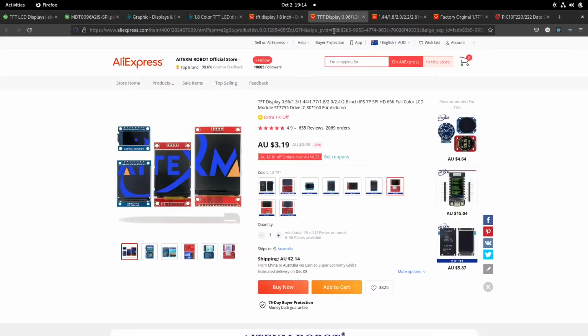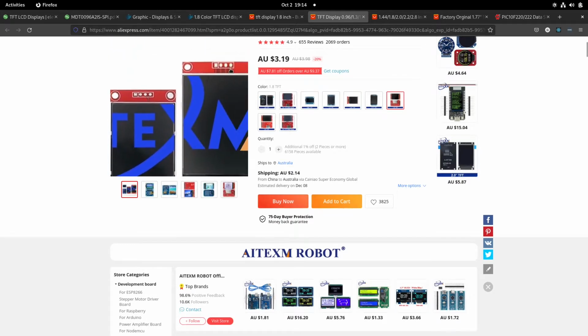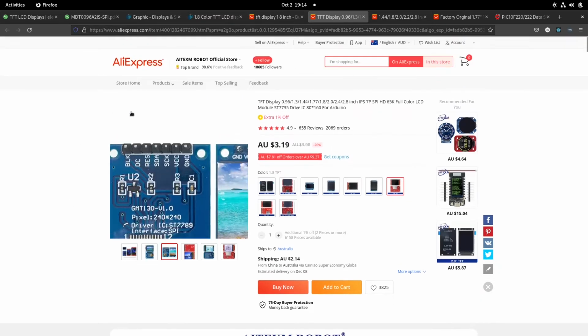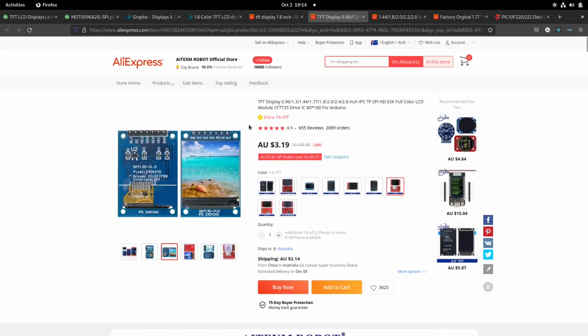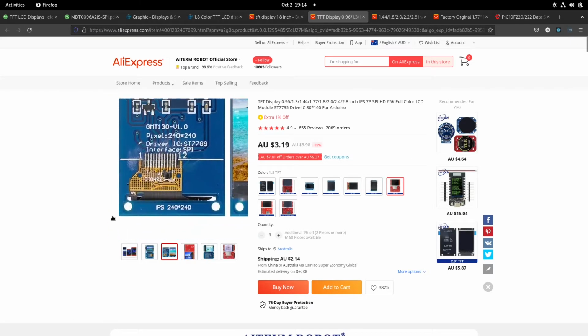Unfortunately, with these cheaper displays, such as these ones from AliExpress, there's a whole bunch of sellers and a whole bunch of different products. These are the sort of things that explain why it's cheap. You don't actually know what kind of materials are used in production, what the drivers are, what the chips are, all that stuff.